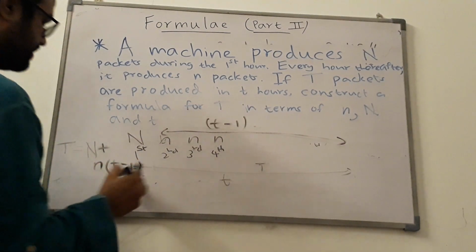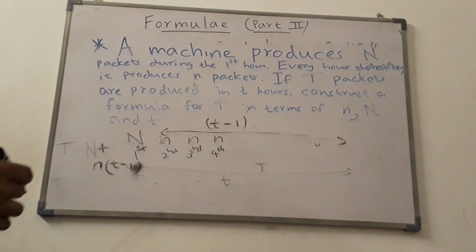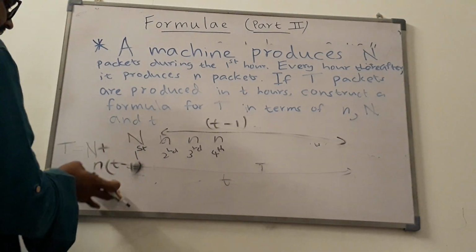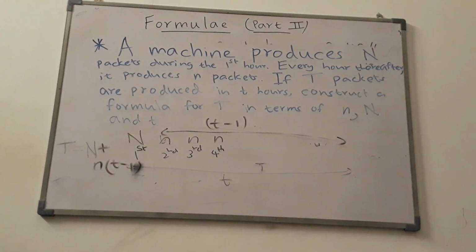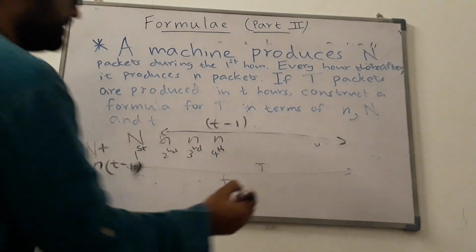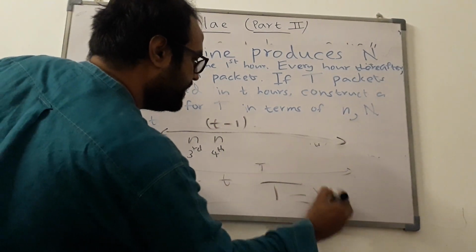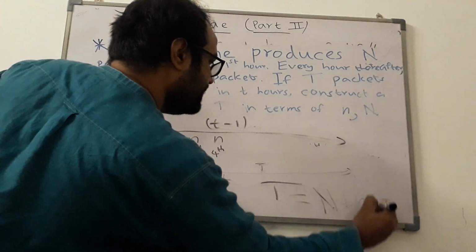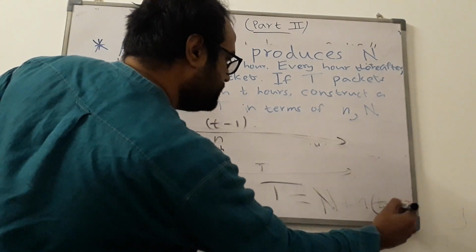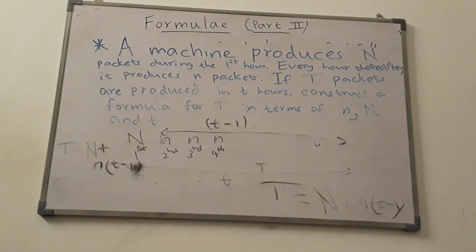That is, capital T equals N plus n times (t minus 1).